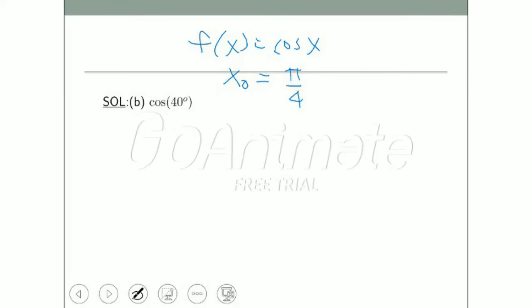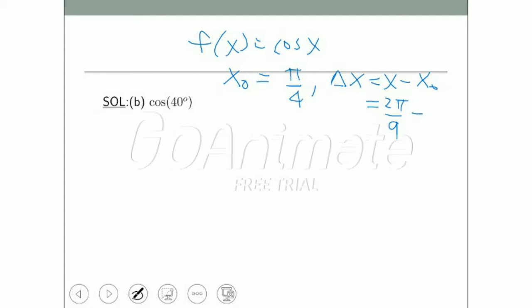Okay. And what's going to be our change in x? Change in x, remember, is x minus x naught. So x is the one input we want to evaluate cos at. So in fact, this is 40 degrees, right? So what is 40 degrees? It is 2 pi, that's 360 degrees, divided by 9. 360 divided by 9 is 40 degrees.